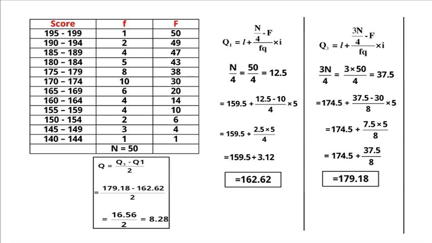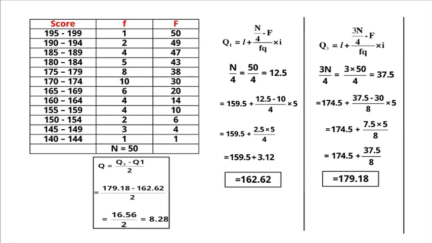So, what is the lower value of this class interval? 175, so 174.5 plus 3n by 4, 37.5 minus the sum of frequencies of those class intervals which are less in value than the class interval in which 3n by 4 is coming. Now, you see what is that class interval. So, it is coming here.